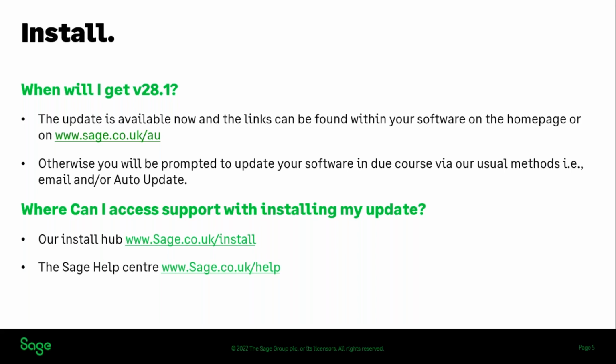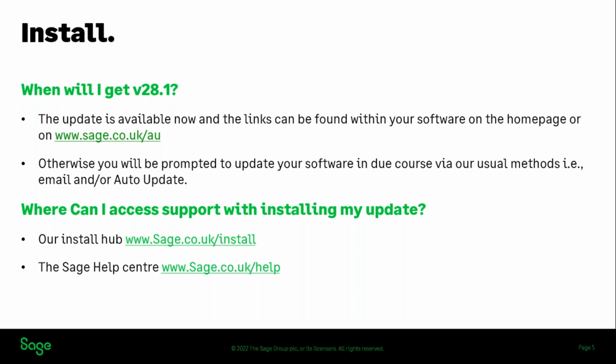Now, if you're not seeing that, don't panic. There are various other ways you can access that. You may be prompted through an auto update or via email. We are communicating with our customers via email with links there as well. But we also do have it available on our website, and that's sage.co.uk/AU. Okay, so that's A for Alpha, U for Uniform.